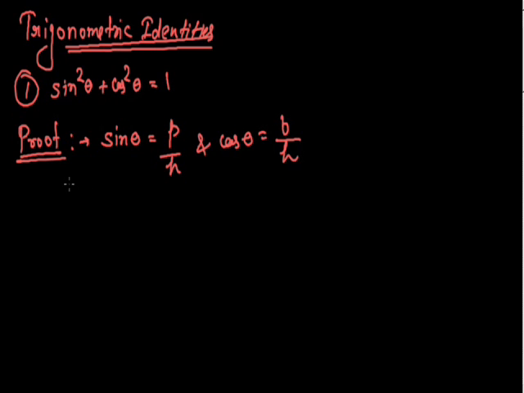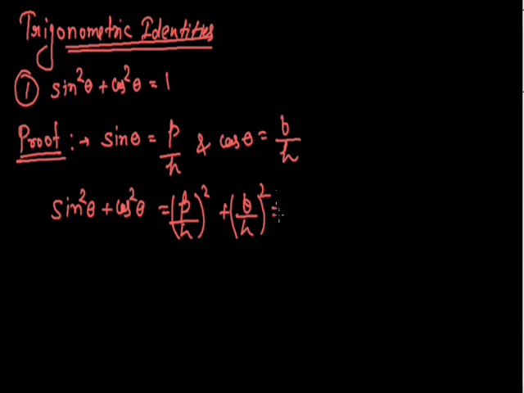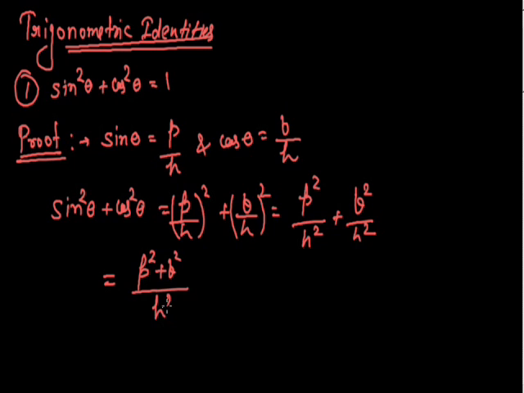So we have sin²θ + cos²θ is equal to (perpendicular upon hypotenuse) whole squared plus (base upon hypotenuse) whole squared, that is equal to perpendicular² upon hypotenuse² plus base² upon hypotenuse², that is equal to (perpendicular² plus base²) upon hypotenuse².